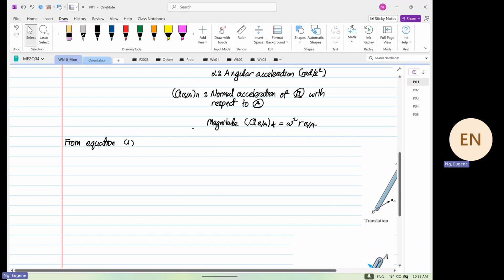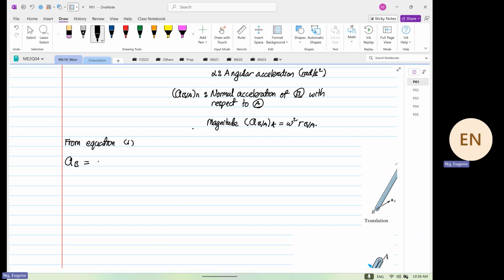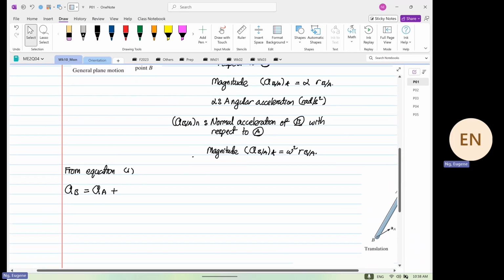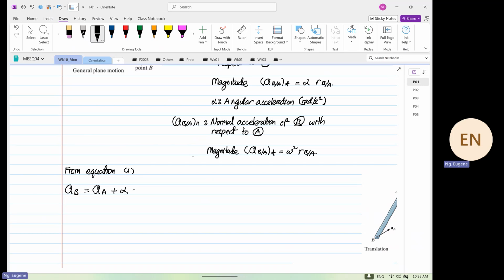So if we look at equation number 1, I'll just write it in this form. Acceleration of point B is equal to acceleration of point A plus alpha cross r of B from point A. And the next term over here is equal to omega squared r B/A.